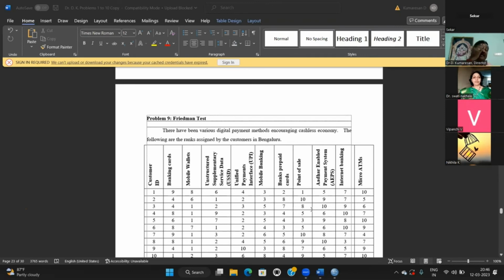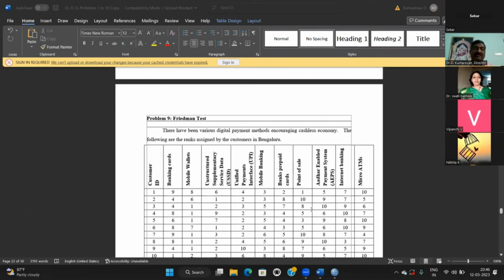That is, we are comparing the paired samples T test and Wilcoxon test. There is a similarity: one sample, two data. What is the difference? The data is scale data in the case of paired samples T test.